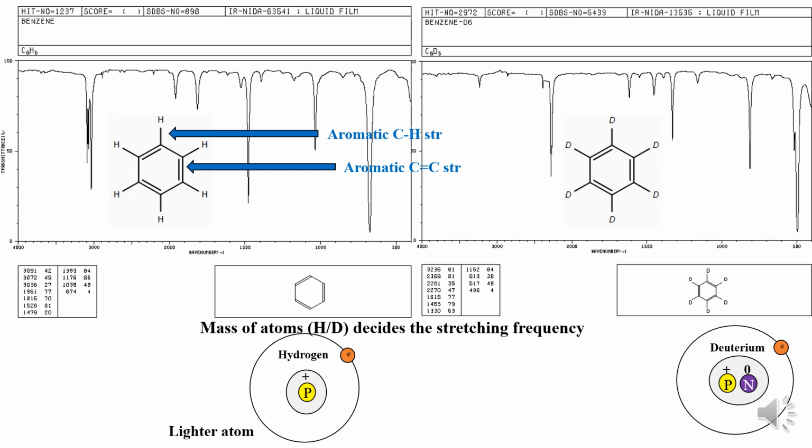So because of the presence of additional electrically neutral neutron in the nucleus, it is heavier than hydrogen. So deuterium is heavier atom as compared to that of hydrogen due to the presence of the neutron, which adds to the mass of the atom.